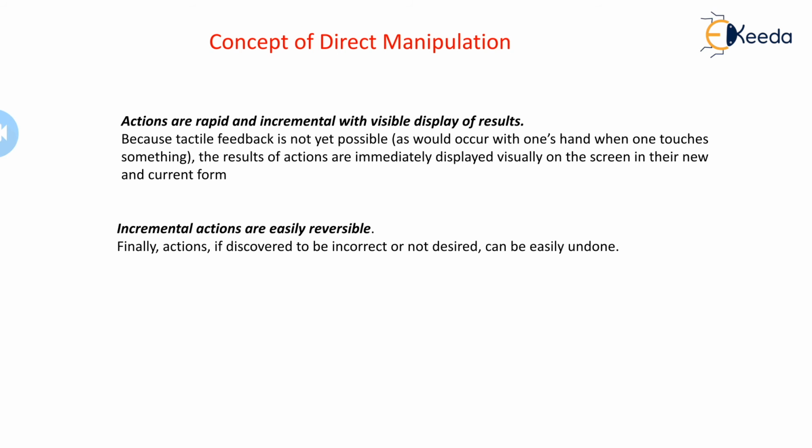So this means I'm interacting with the system through the pointing device. Incremental actions are also easily reversible. If it is discovered to be incorrect or not desired, it can be easily undone. I don't want this application to be open, so I click the close button and it closes. So it has a reversible reaction.